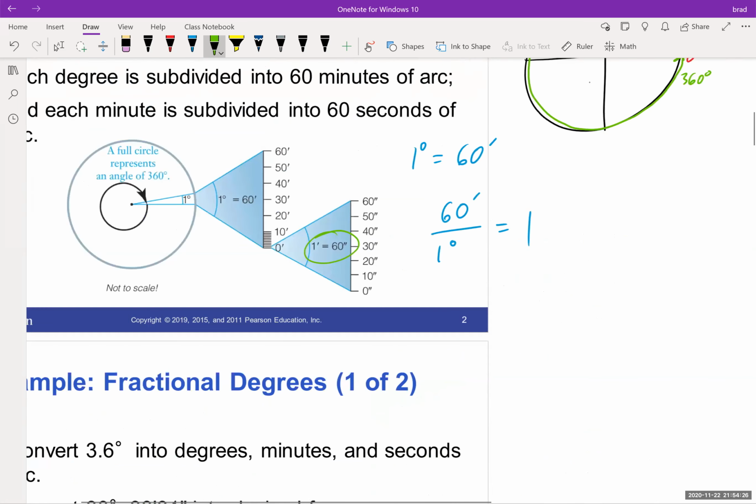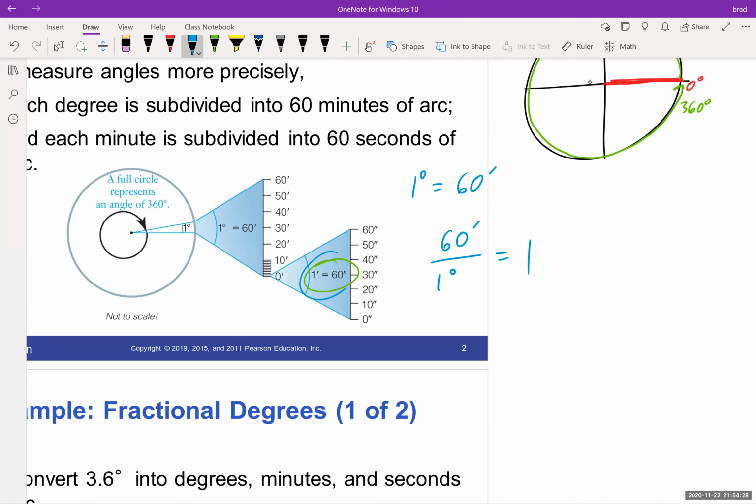And once again, it's because they told me that 1 minute is worth 60 seconds. So then that means I can do 60 seconds over 1 minute. And this, by the way, this little notation is how they do minutes and seconds, okay? And when they're talking about angular measurements.